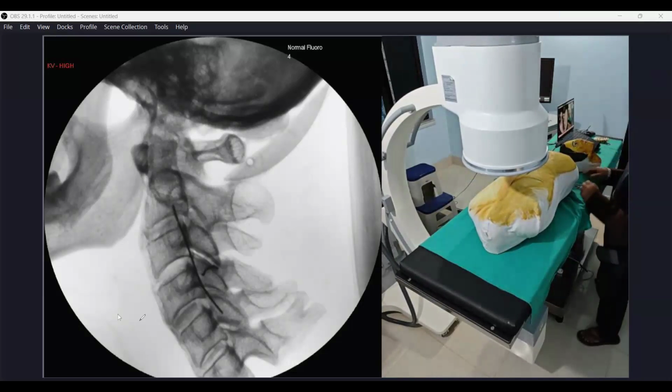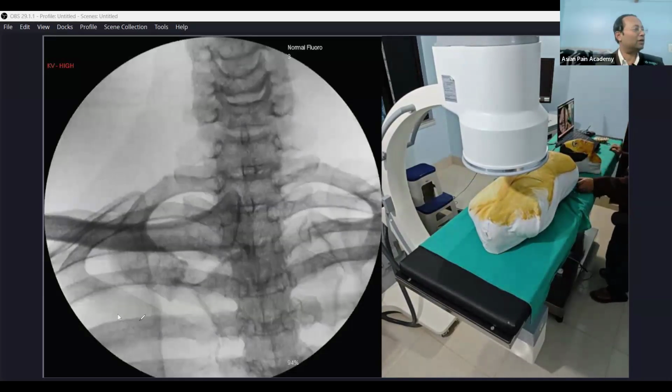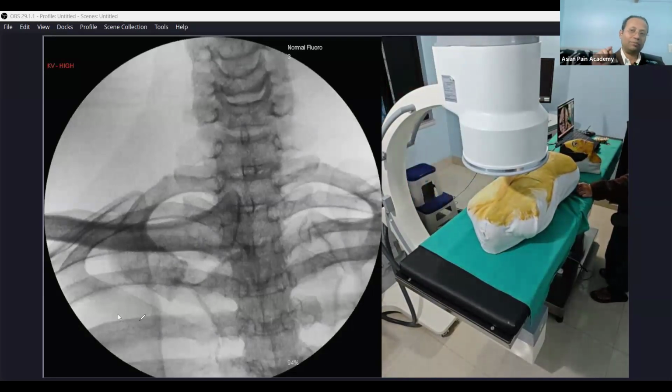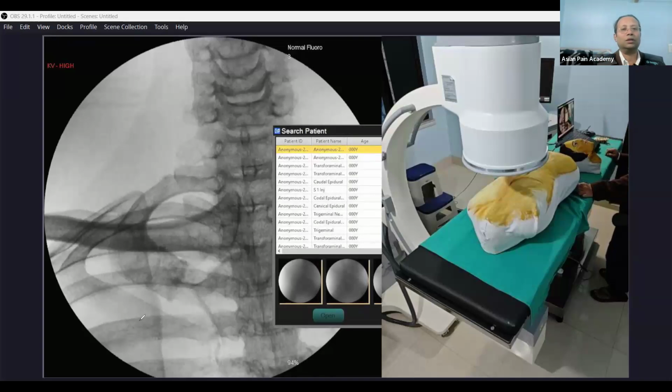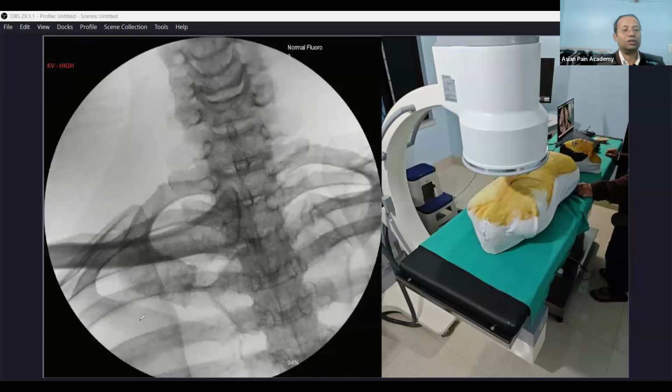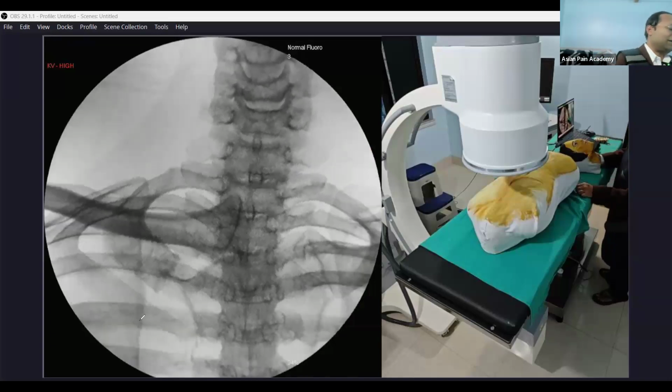Thank you, sir. So now we are going for cervical medial branches radio frequency. Remember, earlier I was doing the medial branches diagnostic, and in the diagnostic the patient was lying supine. But when I am doing the radio frequency of the cervical medial branch, the patient's position is prone.